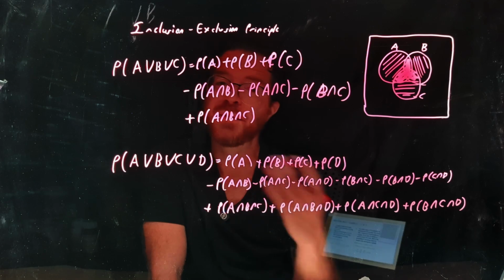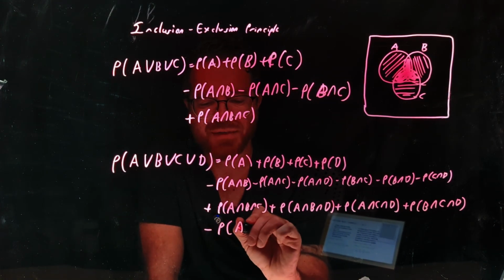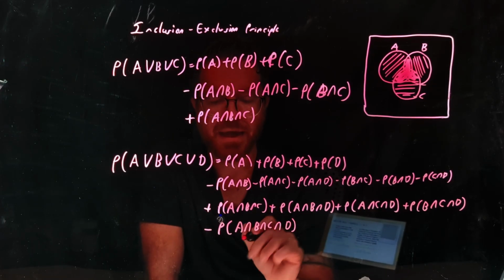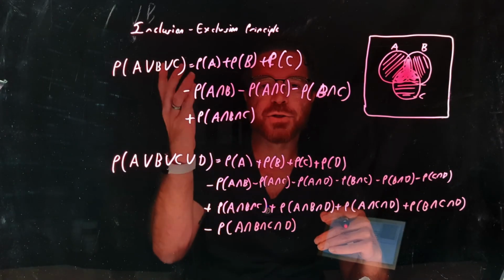And then the last thing is, we added too much back in, so now we have to subtract out the intersection of all of them: the probability of A and B and C and D. And then you could continue doing this for every extra set that you've added in.